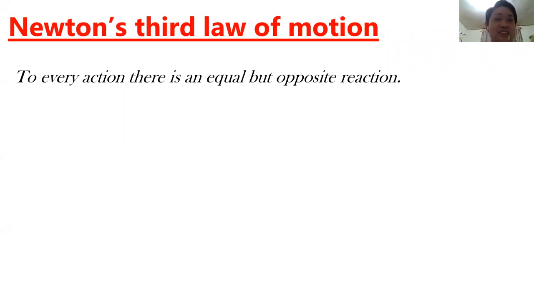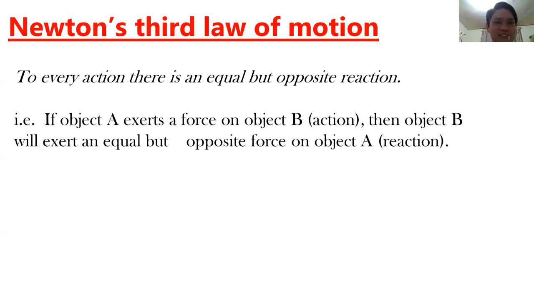For example, if an object A exerts a force on object B, which is the action, then object B will exert an equal but opposite force on object A, which is our reaction. So in every action, there is always an equal but opposite reaction.